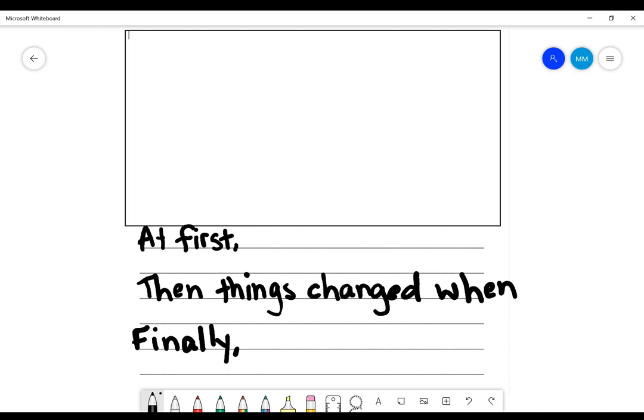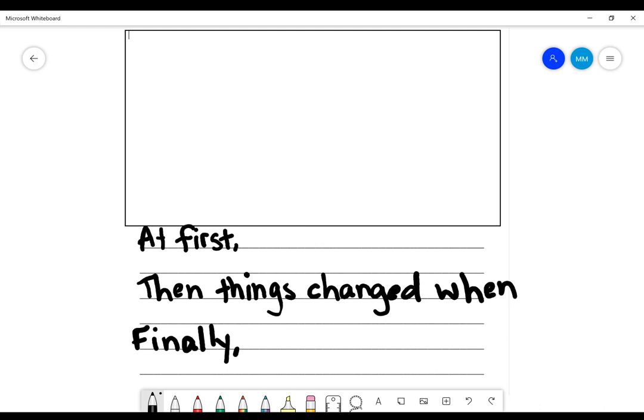I could say in the beginning of the story. I could say once upon a time. So I used at first for my sentence starter to tell me about the beginning. So you could use something different, but use a transition word or a sequence word to start our sentence.